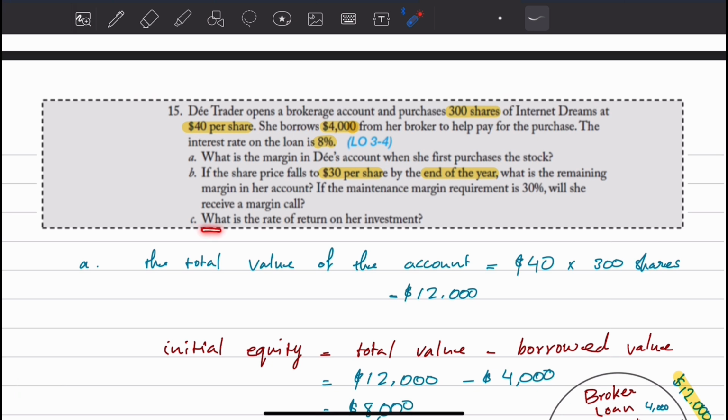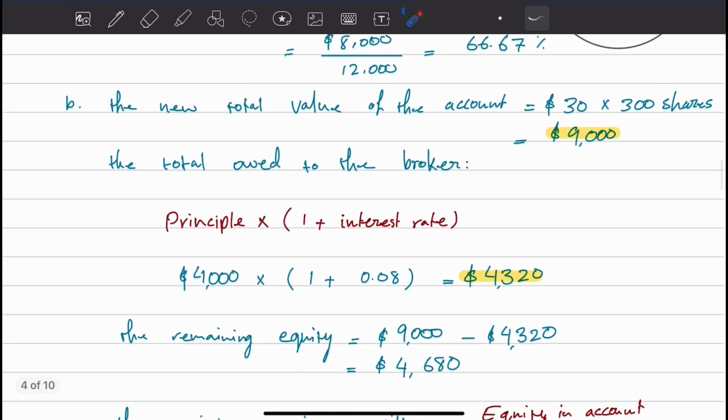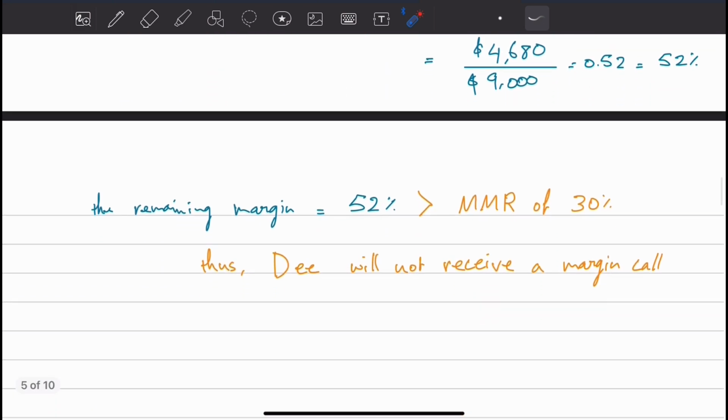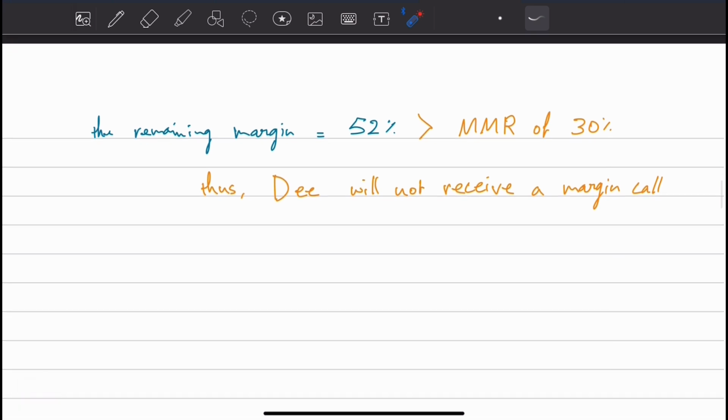It says, what is the rate of return on her investment? Now that's easy. We know the key information that we need to calculate the rate of return. The rate of return is calculated through the following formula for a margin account.